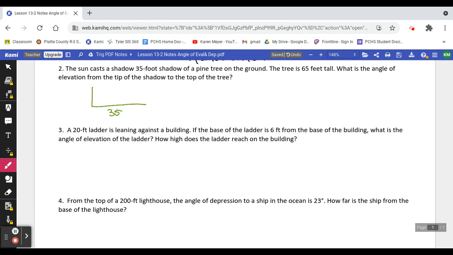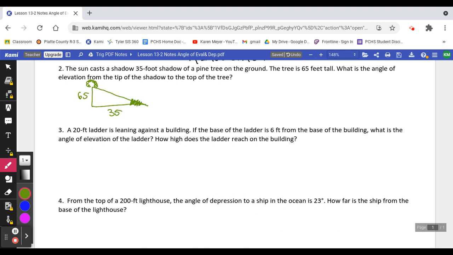Here's my pine tree, and I'm going to make my right triangle. The tree is 65 feet tall, so over here on the side we're going to put in 65. What is the angle of elevation? Remember, the angle of elevation is the angle looking upwards. So I marked that bottom angle there.